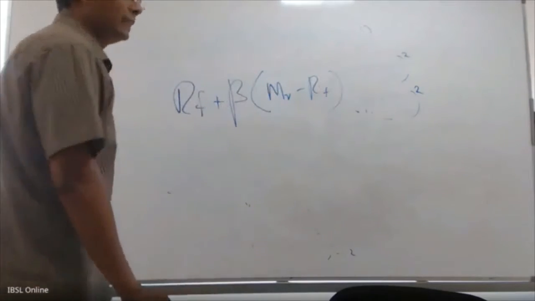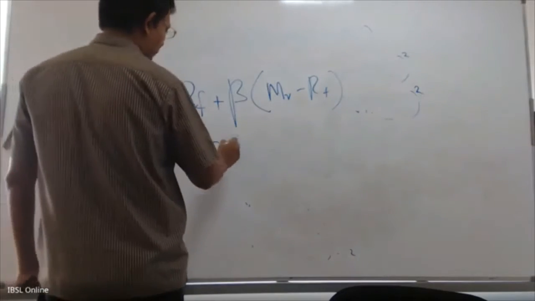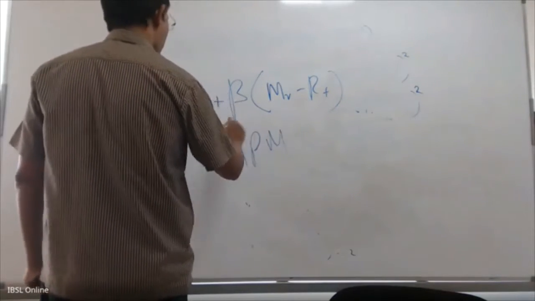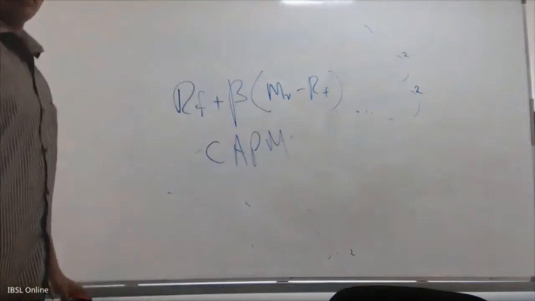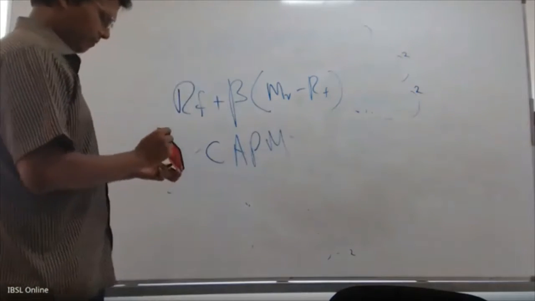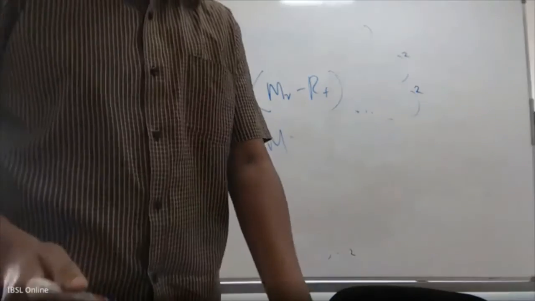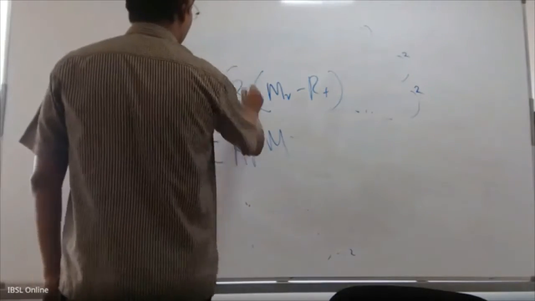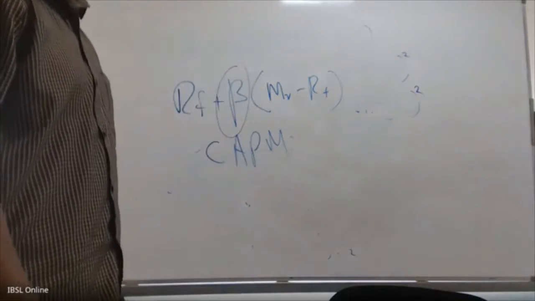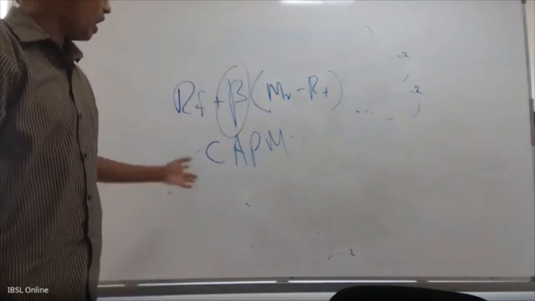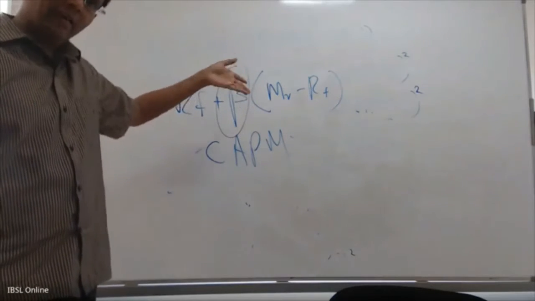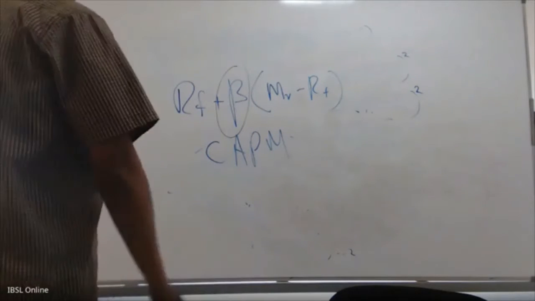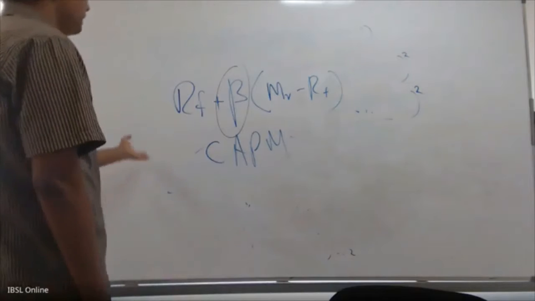What is this? This is CAPM, the capital asset pricing model. What is this? This is the measurement of systematic risk. So all these things we have discussed are on unsystematic risk, which is diversifiable. Through diversification, unsystematic risk can be avoided.